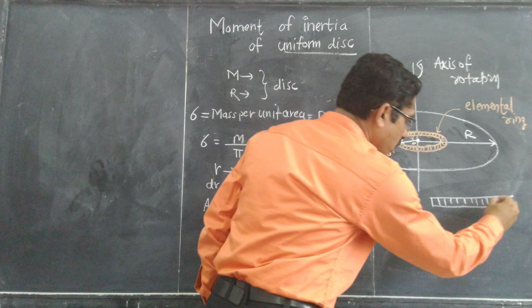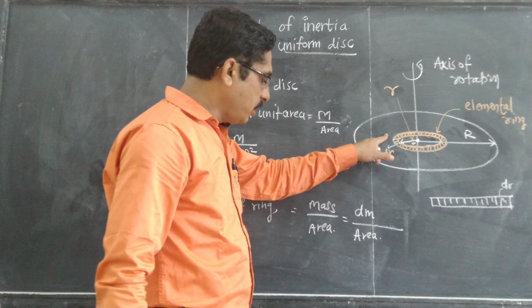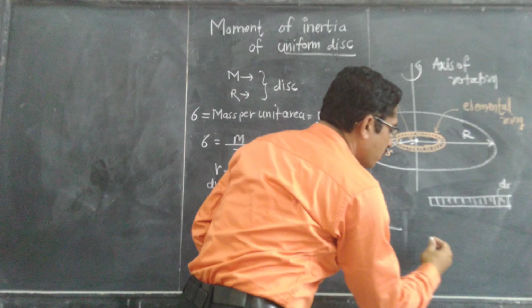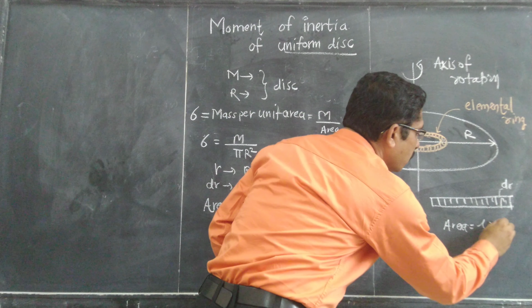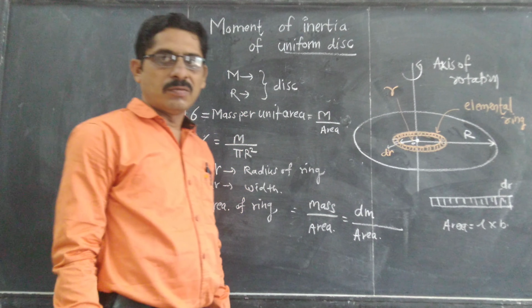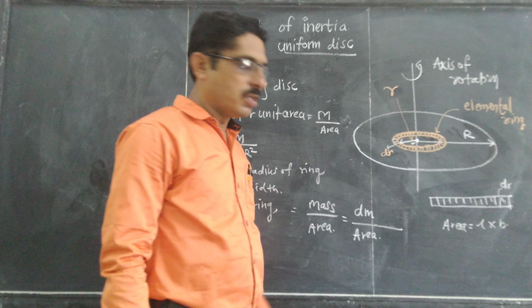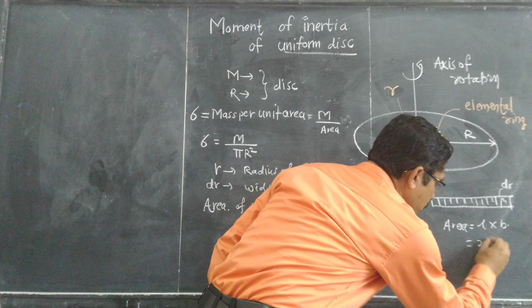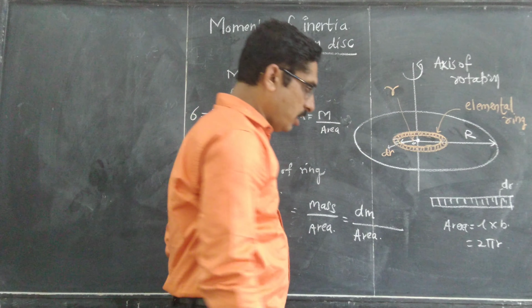The width is dr, and the area for this strip is given by length multiplied by breadth. As it is a ring, the length is nothing but the circumference, that is 2 pi r, where r is the radius of that ring, into breadth.